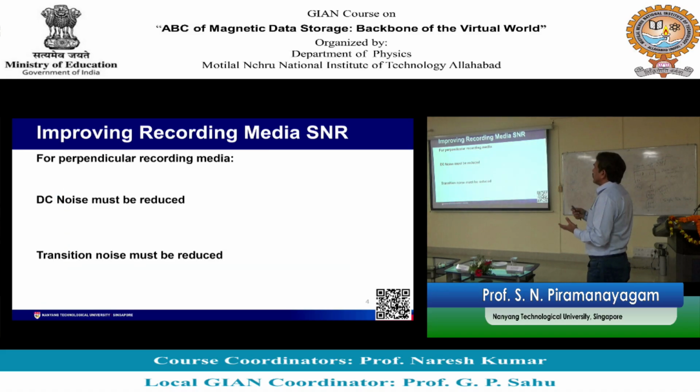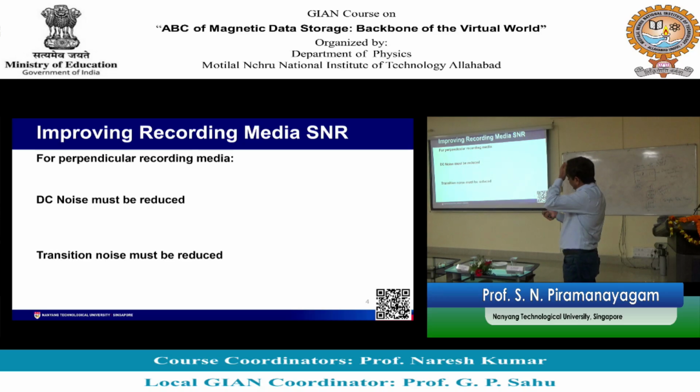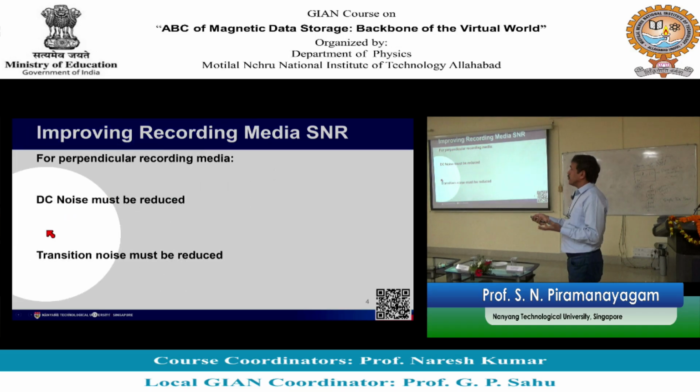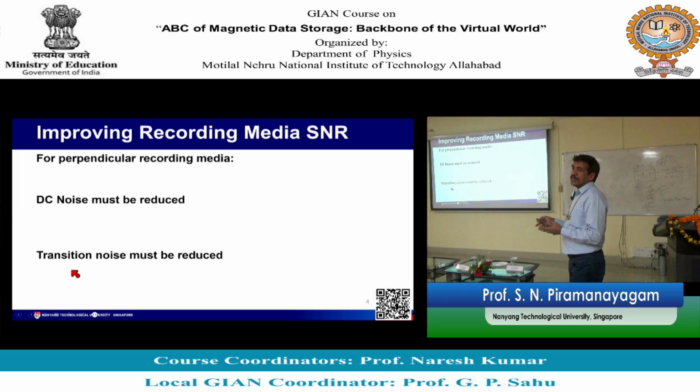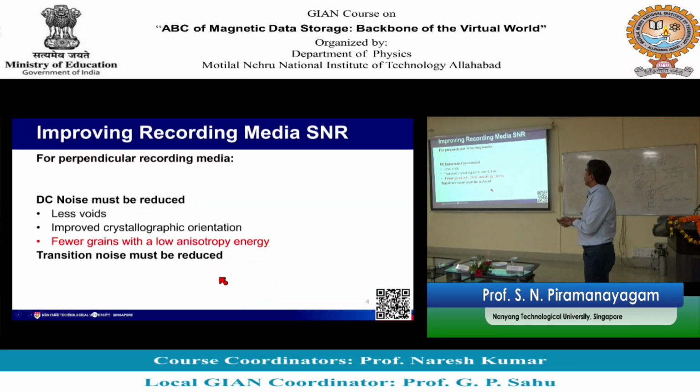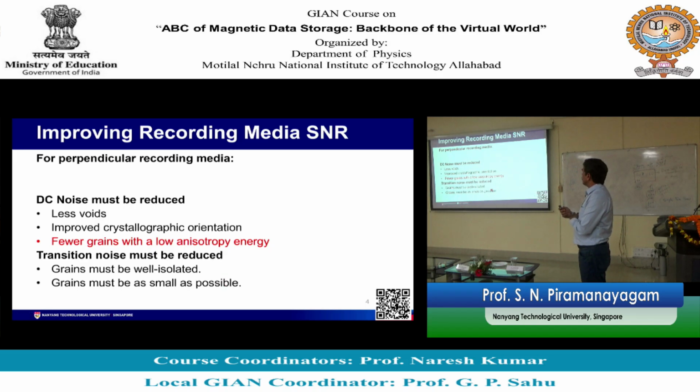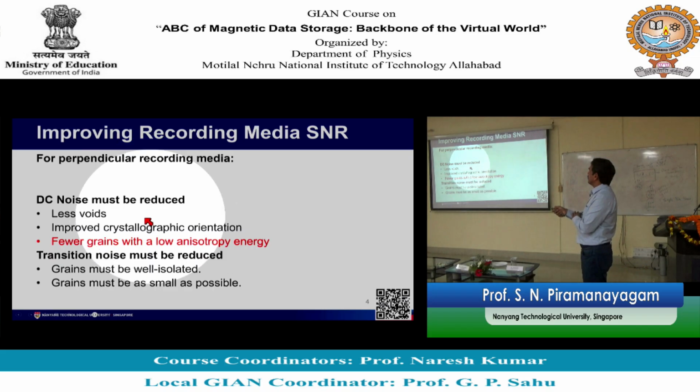Like with what we learned for longitudinal recording, even if you design a perpendicular recording, you need to find ways to reduce the background noise, you need to find ways to reduce the transition noise and so on. In addition, if you want to reduce the DC noise, you want to improve the crystallographic orientation.